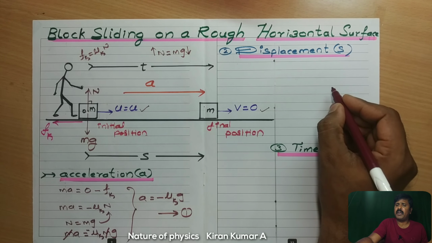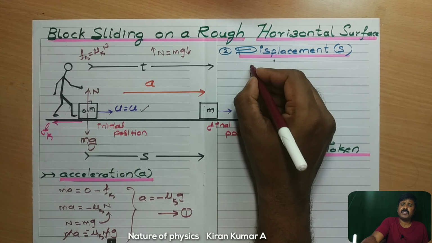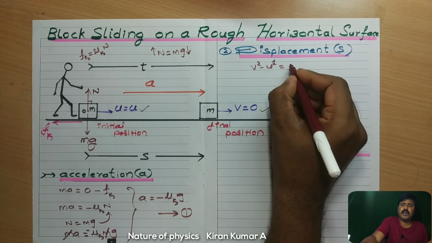Next I am finding the displacement. For displacement the best equation is v square minus u square is equal to 2as.